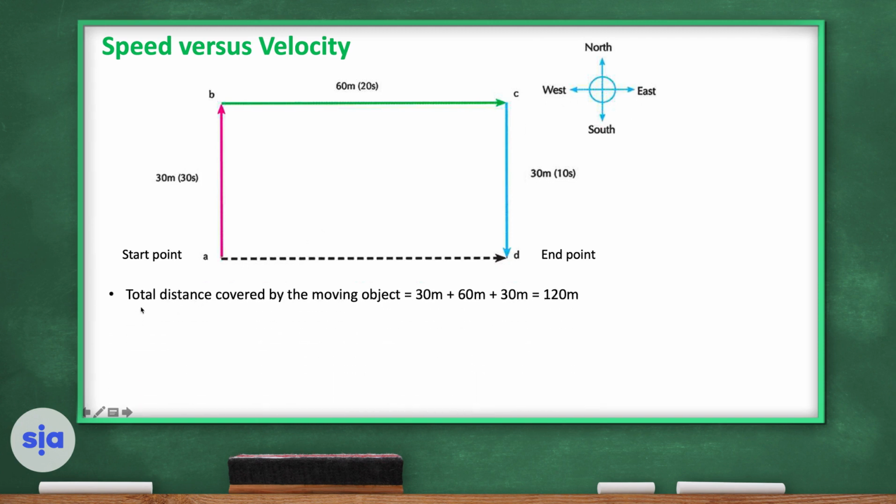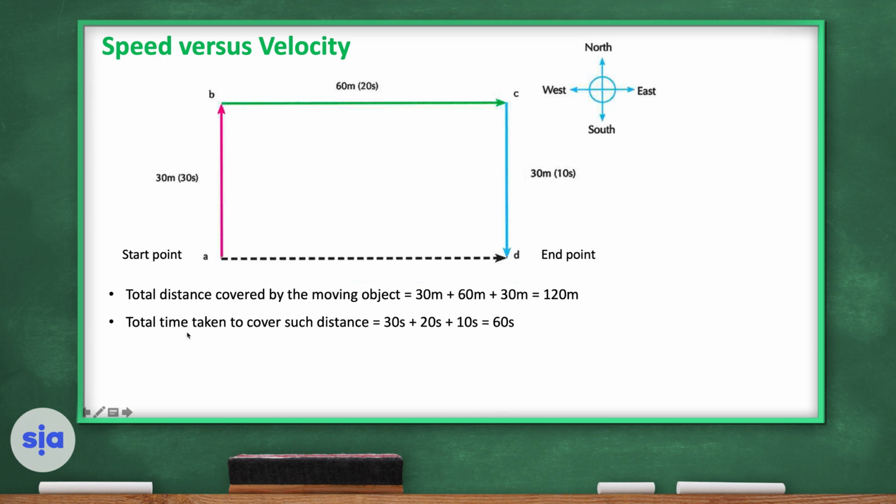So the total distance covered by the moving object is from A to B 30, plus from B to C 60, then from C to D 30. So this means that the actual total covered distance is 120 meters.